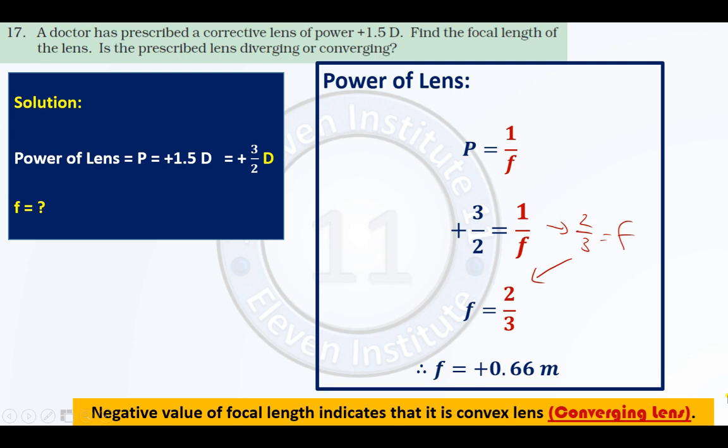Day after tomorrow there will be a full-fledged test of this chapter, including the sums and the ray diagrams. The list of important questions will be sent to you, but before that there is homework for you. All the sums that we have discussed in the last three video lectures, parts 13, 14 and 15, you have to write two times and send me the homework personally after generating a PDF.